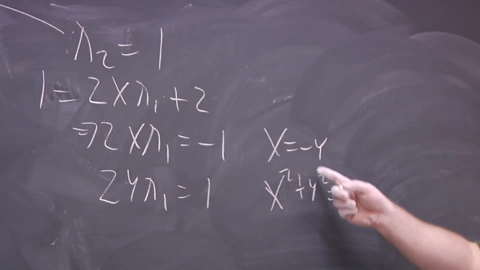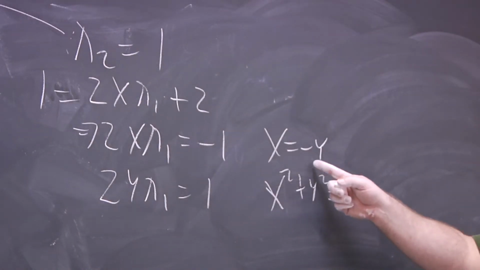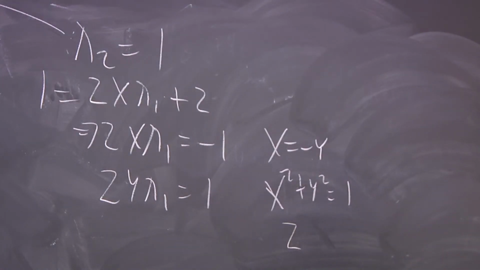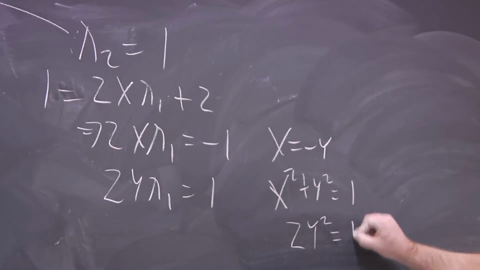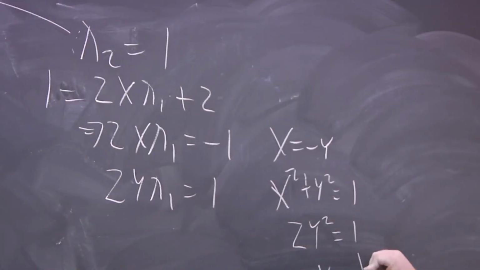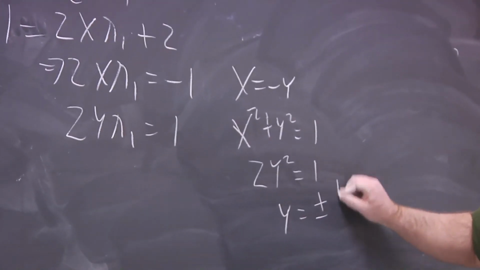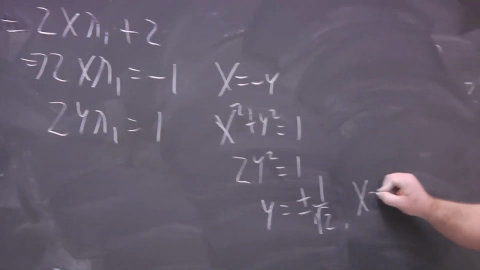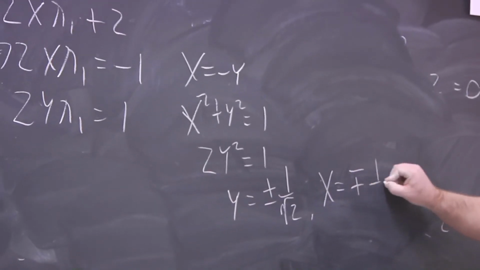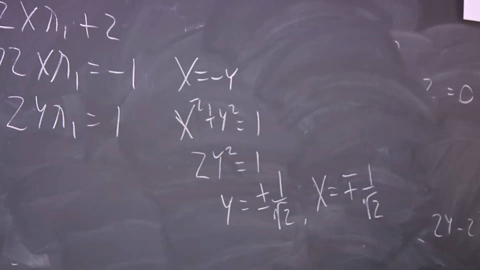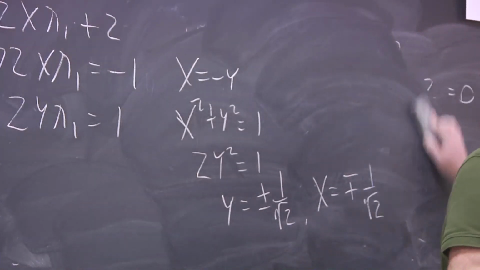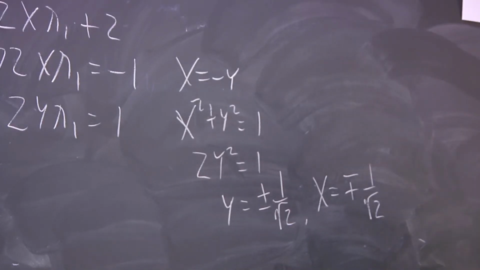If x is equal to minus y, we can plug that in here, so we get 2x squared is equal to 1, so y is plus or minus 1 over square root of 2. So then x is the opposite of that. It makes sense.